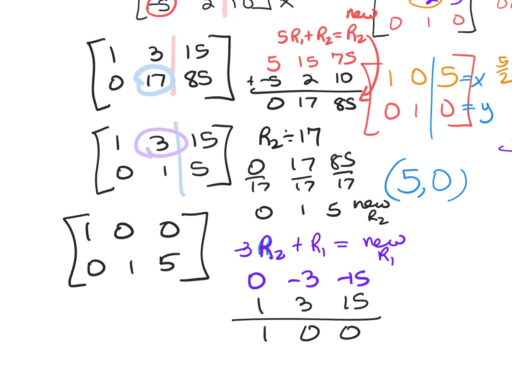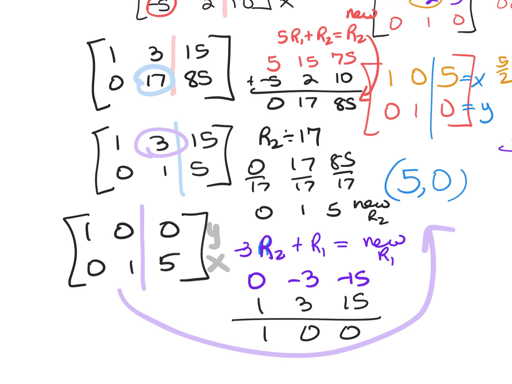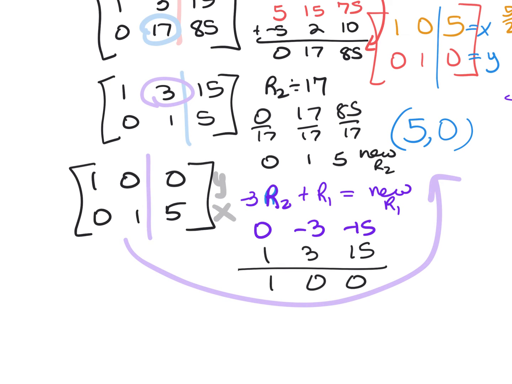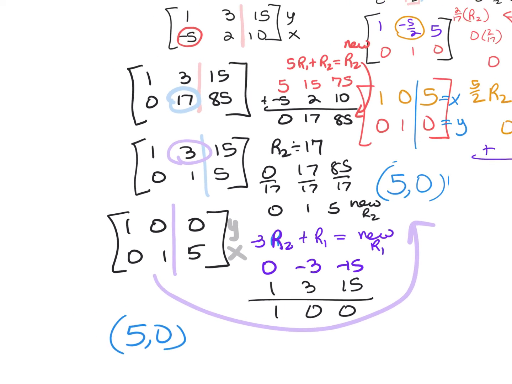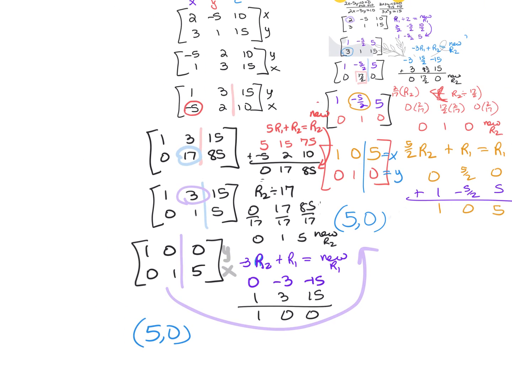And notice it's the same answer I got when I did it over here. Because remember, we switched it. This is Y, this is X. So 5, 0. So again, you can use the row and the column switch if you prefer to avoid getting fractions.